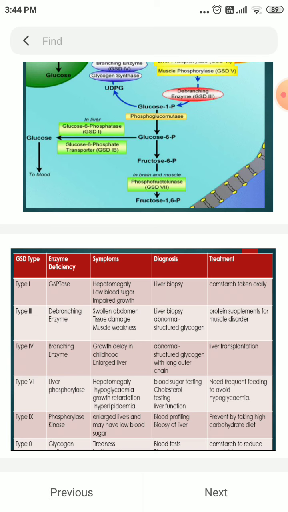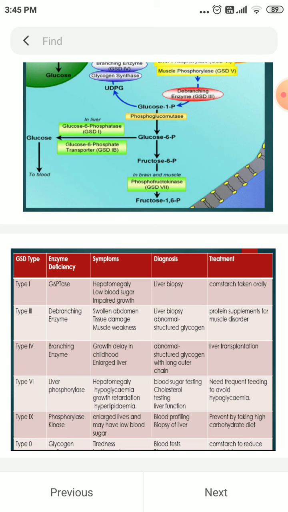You can make out glucose 6 phosphatase, debranching enzyme, branching enzyme, liver phosphorylase, phosphorylase kinase, glycogen synthase. These are all the enzymes we can make out here. And what could be the symptoms? You can observe hepatomegaly, hypoglycemia, growth retardation, hyperlipidemia. In the case of hyperuricemia, we have observed tiredness, enlargement of the liver, and a swollen abdomen.